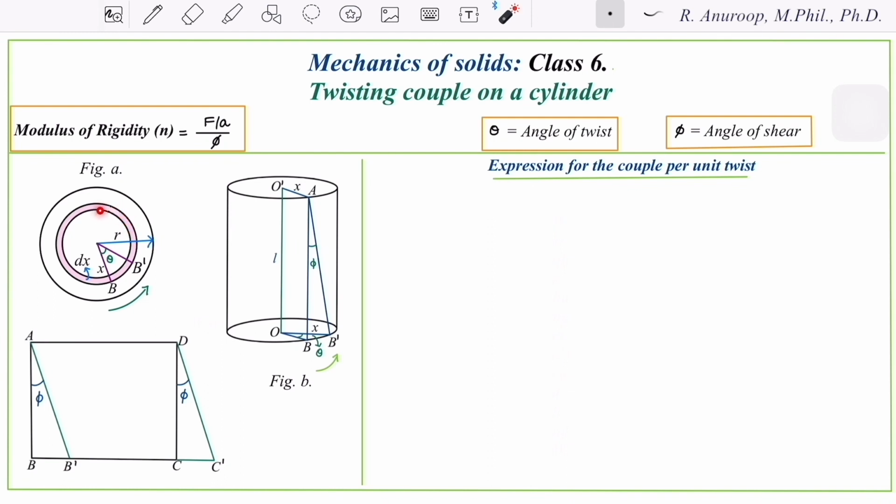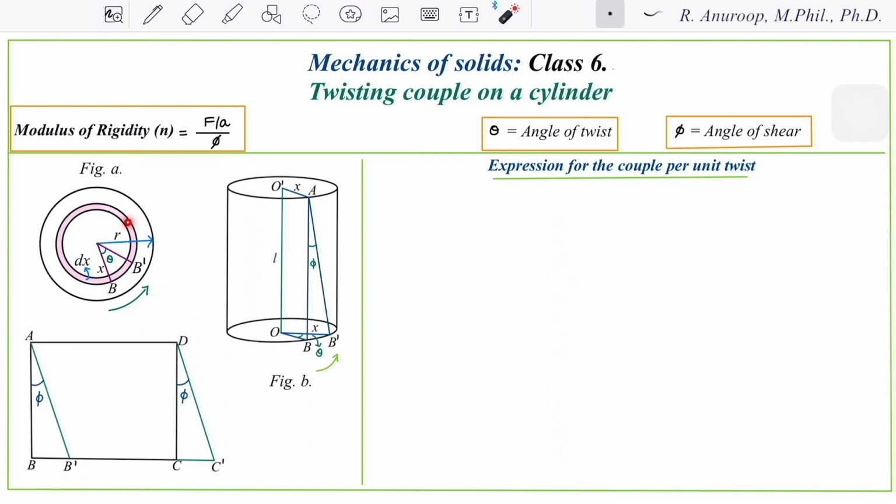Consider a cylindrical shell of thickness dx and a radius x. This is the cross-sectional view of a cylindrical shell having radius x and thickness dx.